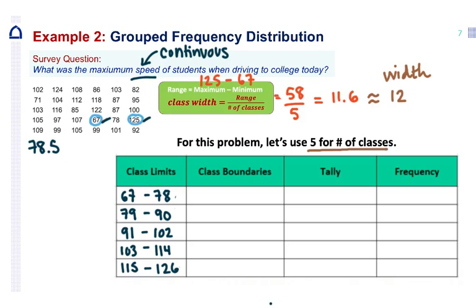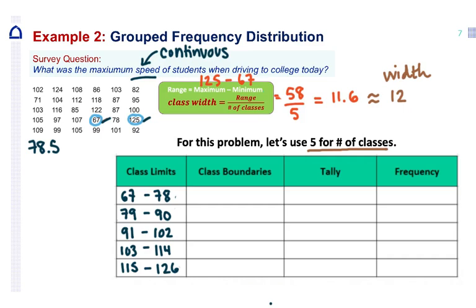That's a very possible speed value. So the question is, if someone drove 78.5, would I put that answer, that survey answer, that data I collected, in the first row or the second row, right? The first row ends at 78, the second row starts at 79. So in fact, we broke one of my rules, which said there cannot be any gaps.